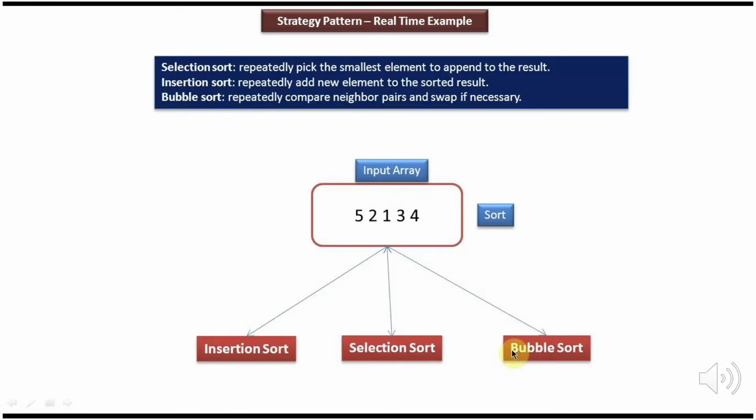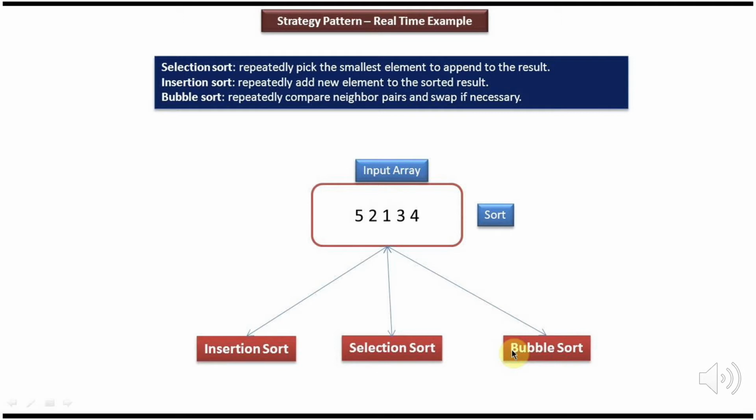Another good example of using the strategy design pattern is designing an application which performs sorting. You know that there are many different ways, 20 plus different ways, to sort the data. So you can define the multiple sorting algorithms using the strategy design pattern. Inside each algorithm, you can define the particular logic of that sort.